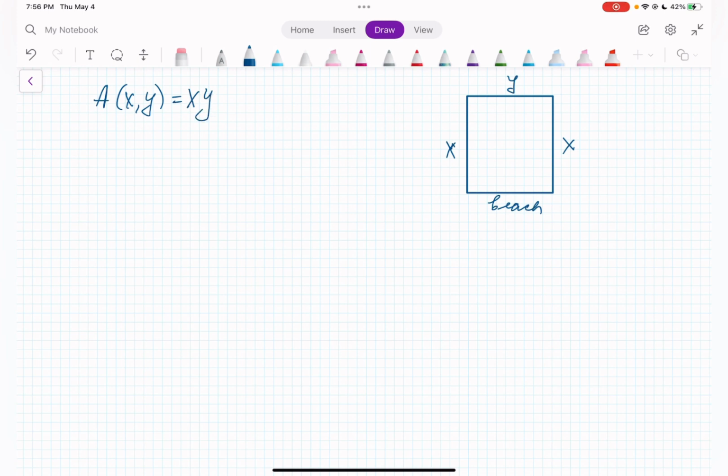The area A of x and y is a function of two variables, as you can see. So we need to find the tool that will help us to maximize.